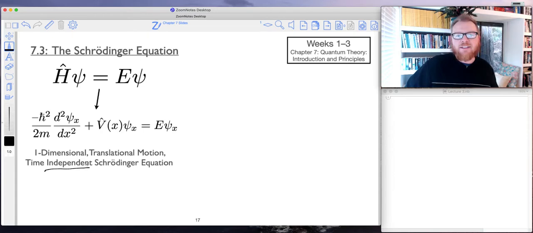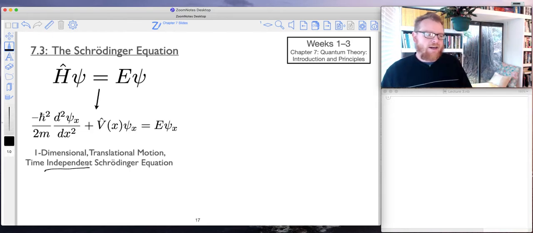In a more advanced class, perhaps a graduate school class or in a physics department, you would do the time-dependent Schrodinger equation. And that adds a huge degree of complication. So that's why it is very typical in a chemistry-based quantum mechanics class to look at the time-independent Schrodinger equation as your introductory to quantum mechanics, okay?